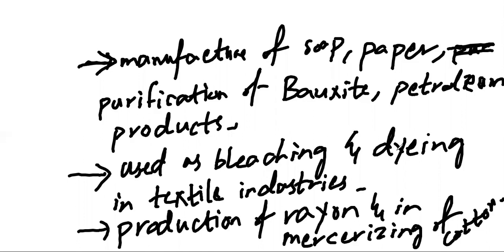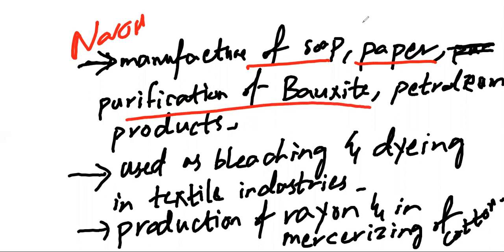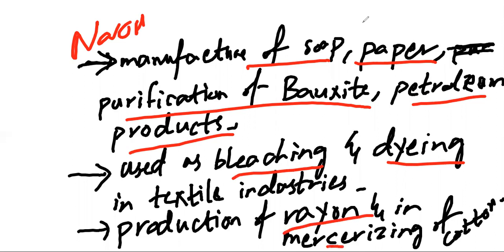These all are the uses of caustic soda, NaOH. Manufacturing of soap, paper, purification of bauxite, petroleum products, use as a bleaching and dyeing agent in textile industries, also for the production of rayon and in the mercerizing of cotton. Okay, mercerizing of cotton.